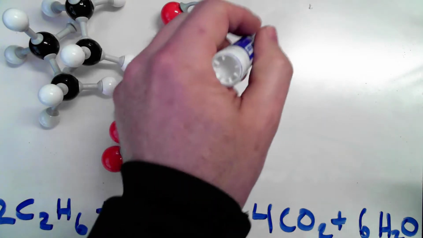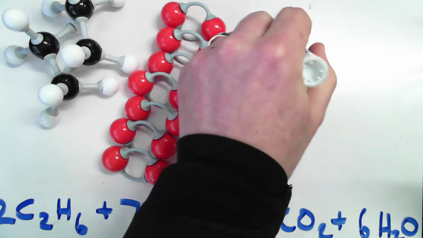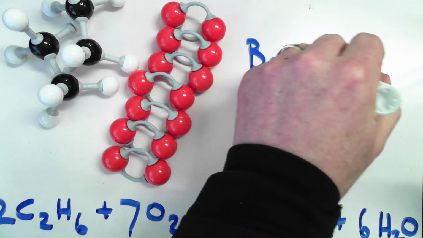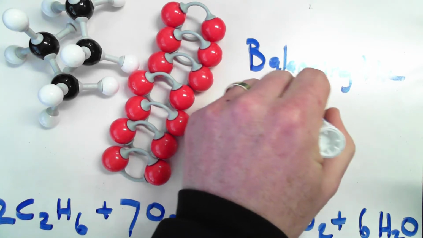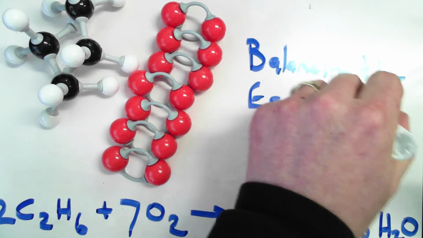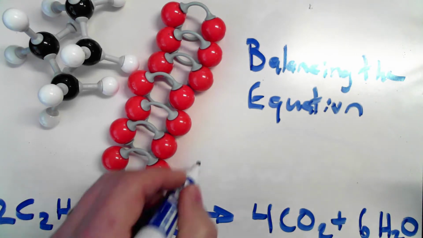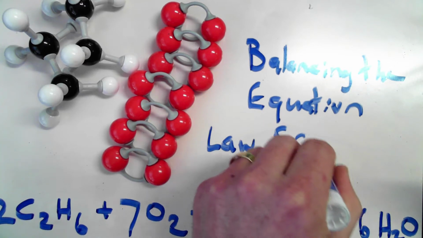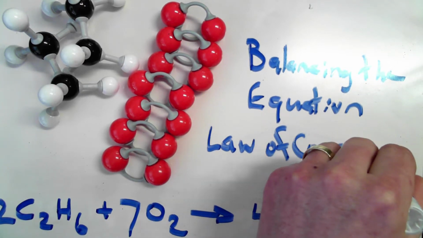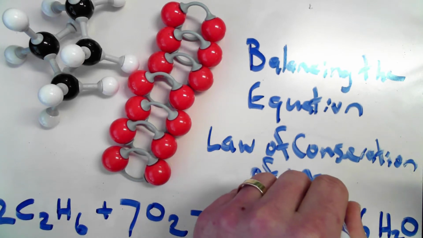And so when we've completed it, that's what we call balancing the equation. And the reason we have to balance the equation is so that we satisfy the law of conservation of matter.